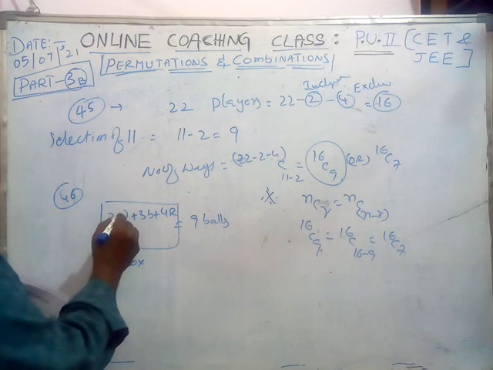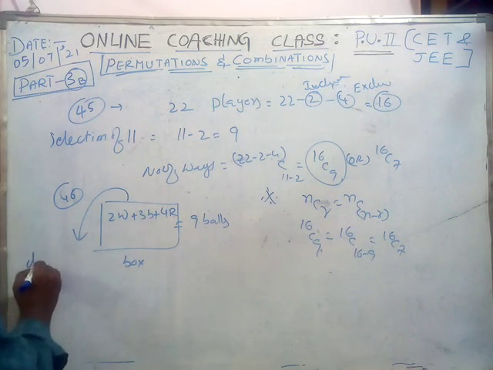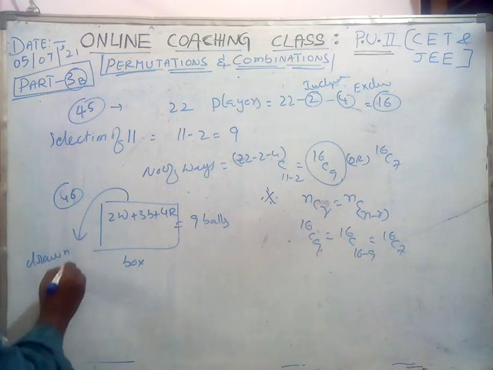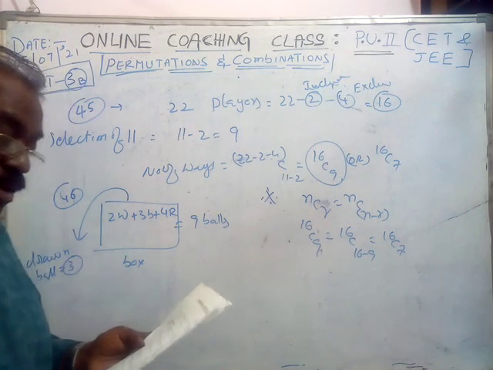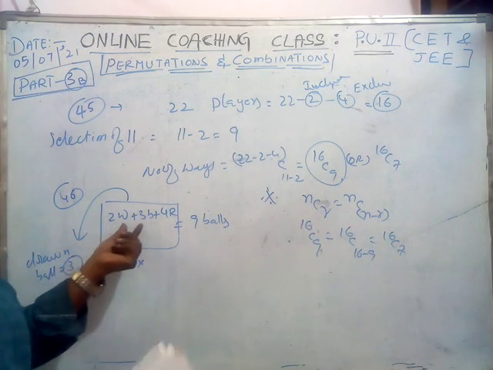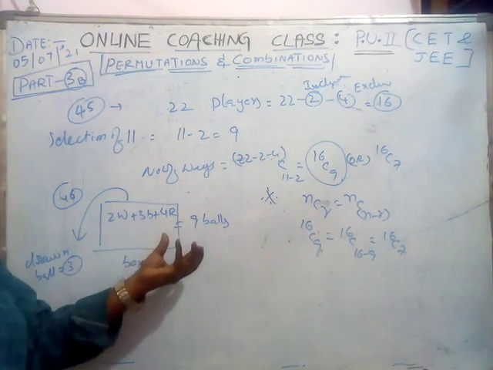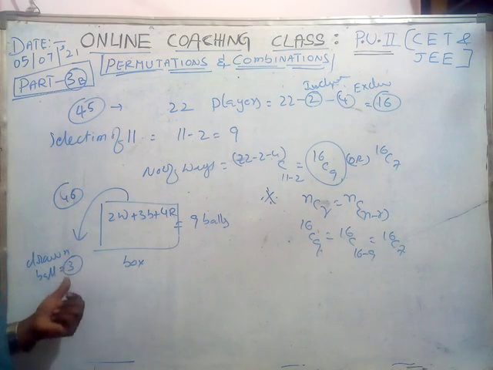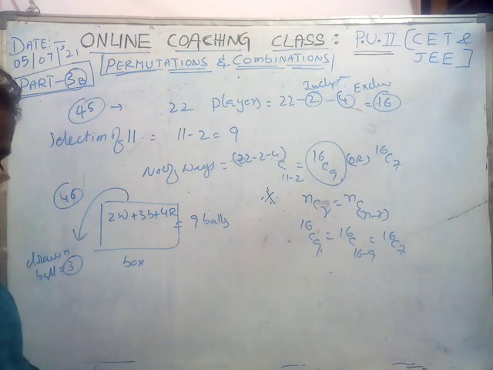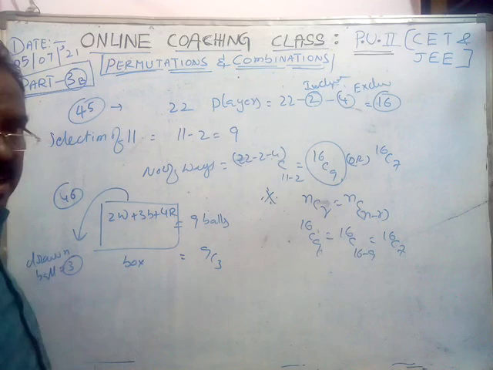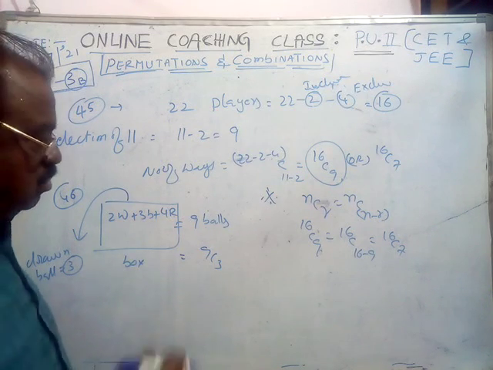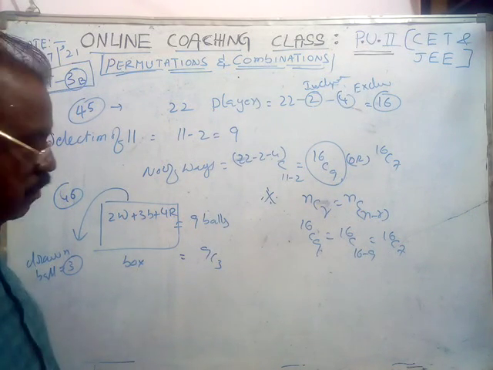How many balls are drawn? 3 balls are drawn. We are drawing any 3 balls. Any 3 balls means very simple, it is 9C3. Out of 9, you select 3. If we calculate, we will get some number.